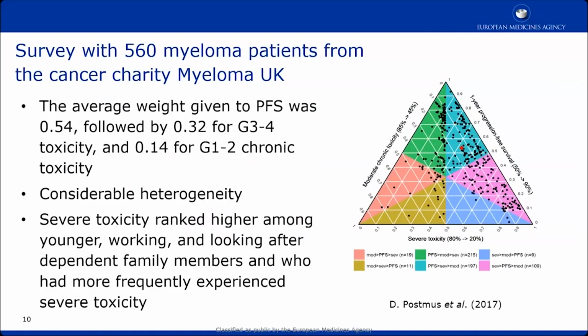And the three vertices represent each of these three variables, one of them being PFS. And you see that there is quite a cloud of distribution again, different opinions, different views about the importance of PFS, from some who consider it extremely important, others who consider it of very little importance.